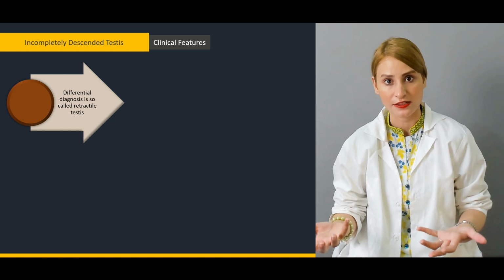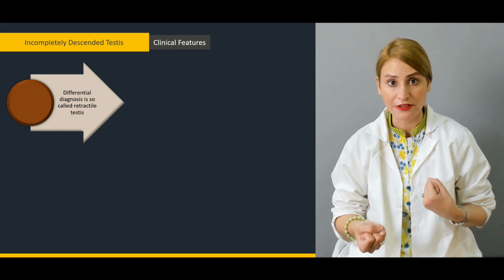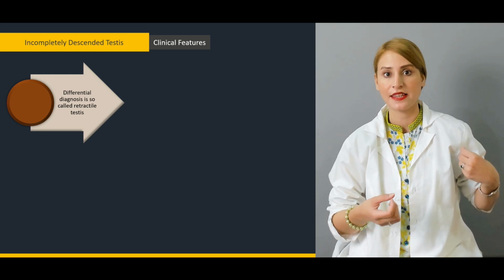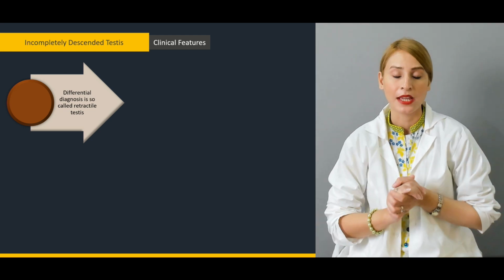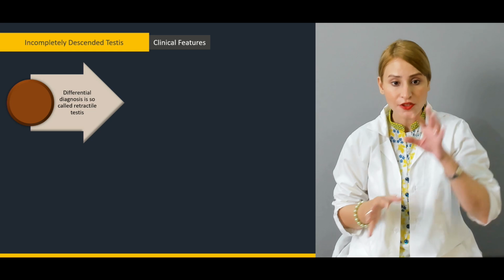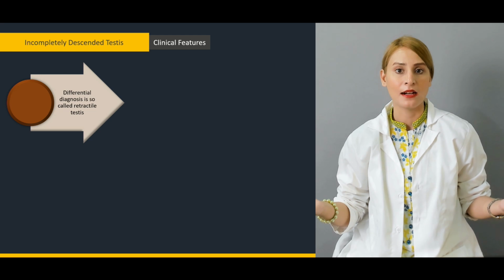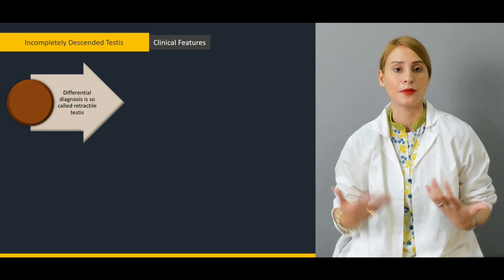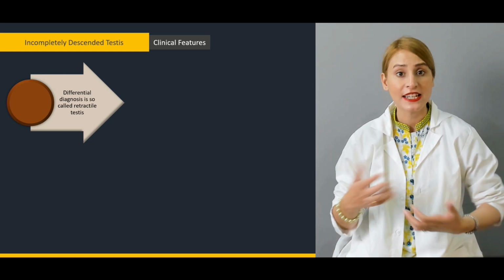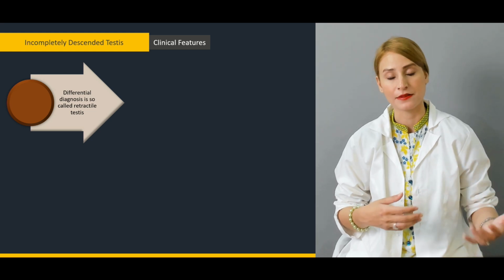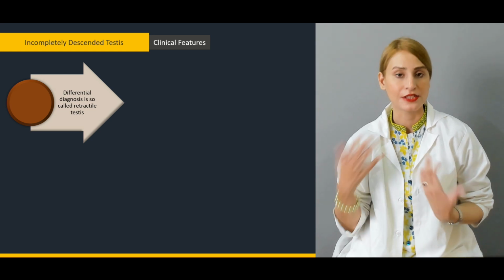Whenever you touch the scrotal skin, the testes, in response to the cremasteric muscle, are retracted into the inguinal canal, and when that reflex ends, they come back again to the normal position in the scrotum. In retractile testes, there's no specific treatment, and the patient should not undergo any surgical procedure, because that's a reflex movement, a reflex ascent of the testes into the inguinal canal or abdominal cavity, and when the reflex is gone, they usually come back to their normal position.